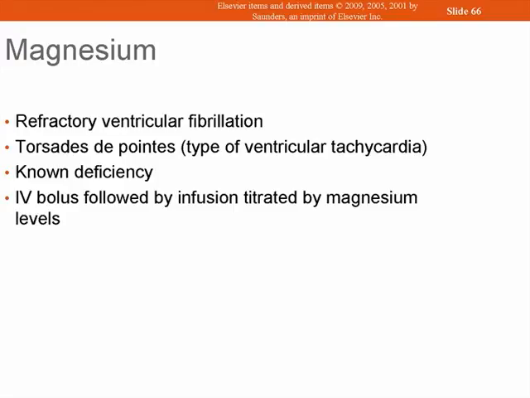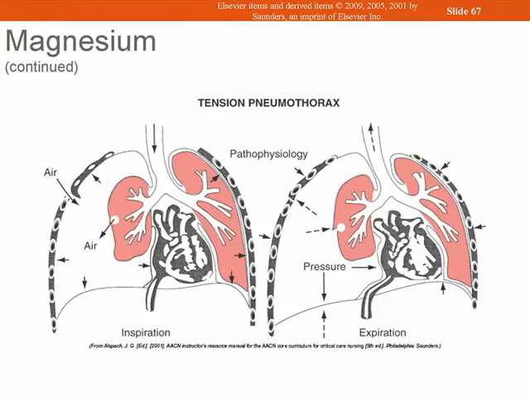Okay? You want to be careful with your patients. Monitor them for possible tension pneumothorax, as that has been shown to have caused problems in the past. I have never seen this myself, and I really don't know that it happens very often at all, but you do need to monitor for that.